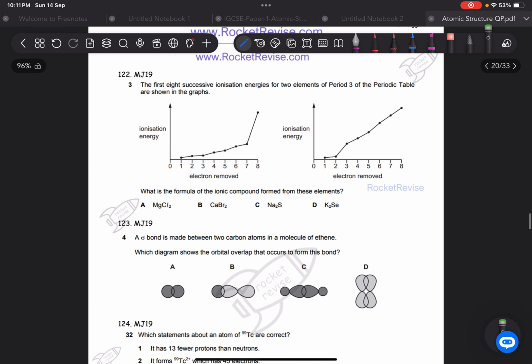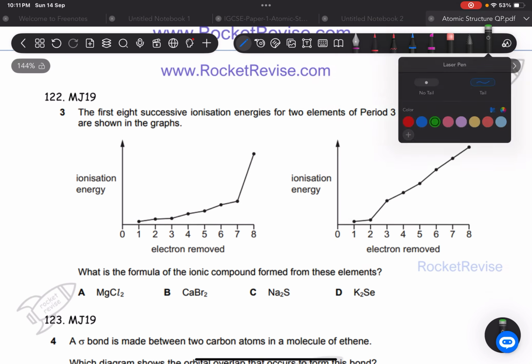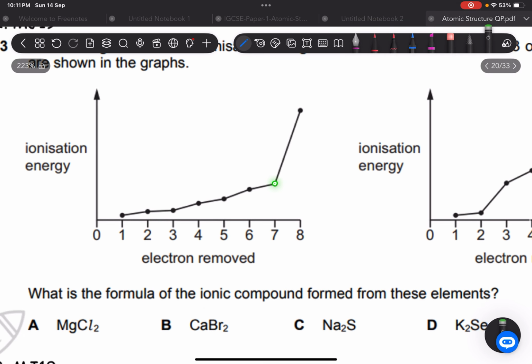Okay. The first 8 successive ionization energies for 2 elements of period 3 of the periodic table are shown. So this is from period 3. Let's guess which group it is in. It's going to be in group 7. Why in group 7?